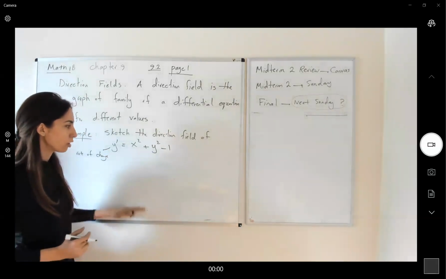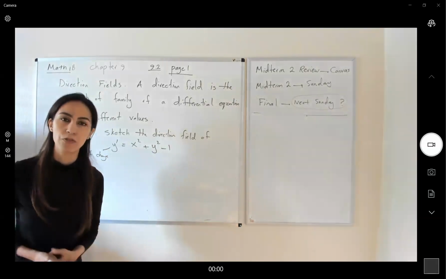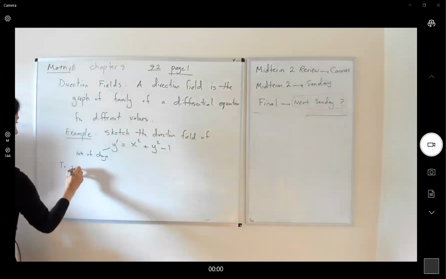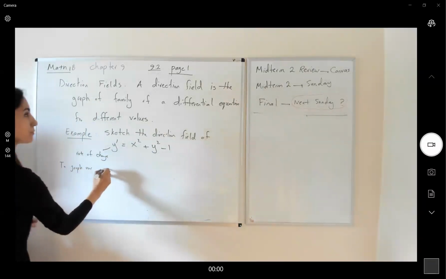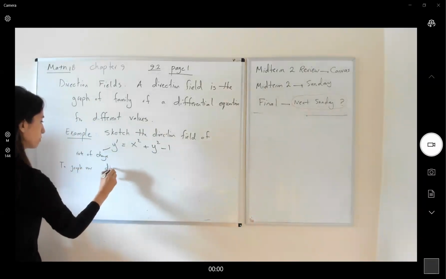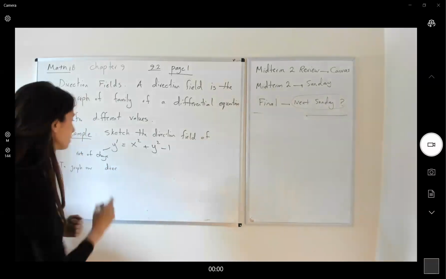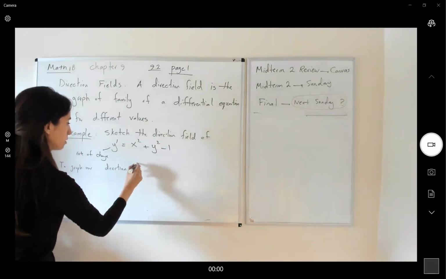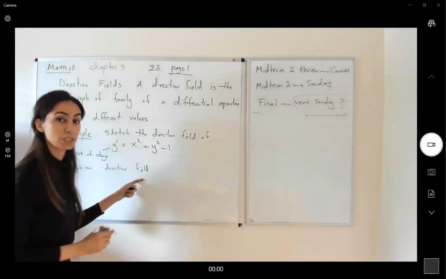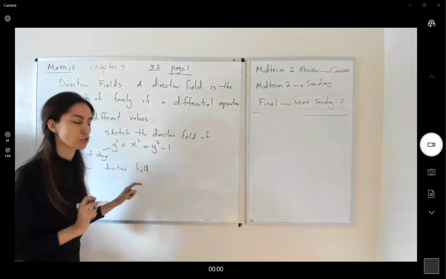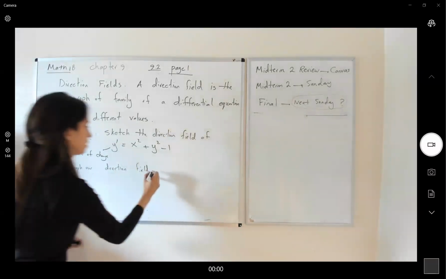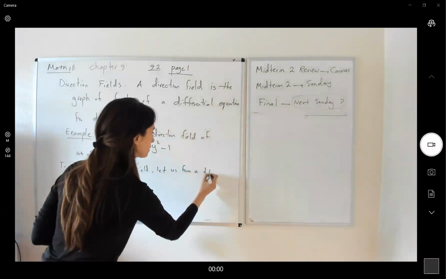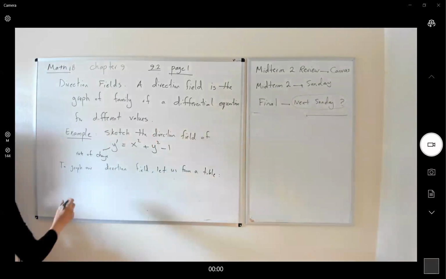So let us start by forming a nice table to graph a direction field, or sometimes they call it a slope field. You're going to see this in Math 1D and differential equations class.